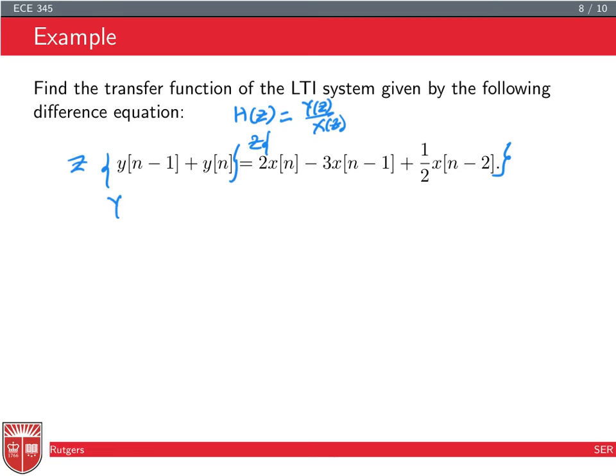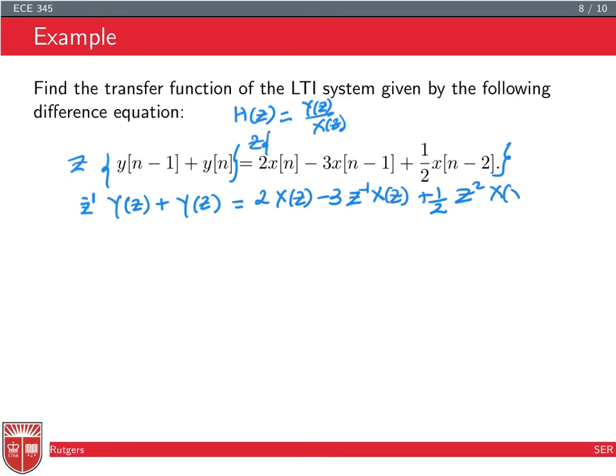So what is the z transform of y of n minus 1? This is a shifted version, so it's going to be equal to z^-1 times y of z. Plus y of z. So here I used both linearity and the shift property: it is equal to 2 x of z minus 3 z^-1 x of z plus 1/2 z^-2 x of z.